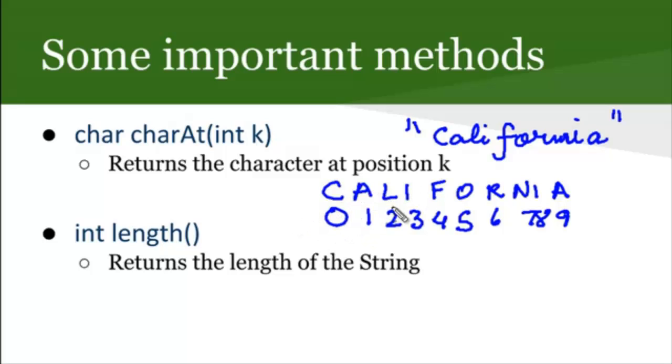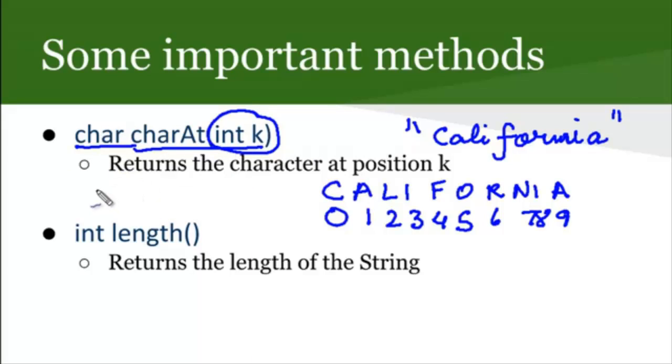So what will be the character at second position? It will be L. So similarly we have this method called charAt. It takes the argument as an integer, which is the kth position, and it returns a character.